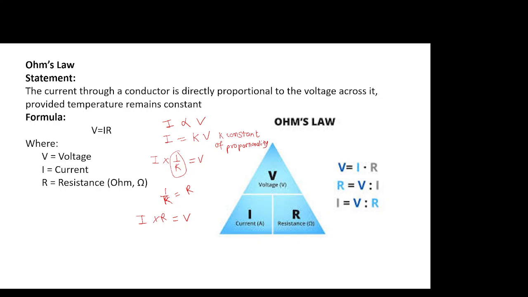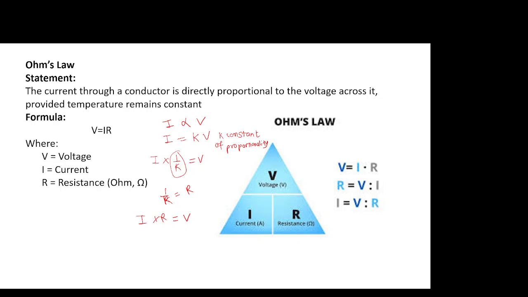We can define the formula for current, voltage, and resistance by using this simple triangle. For voltage, V is equal to IR.